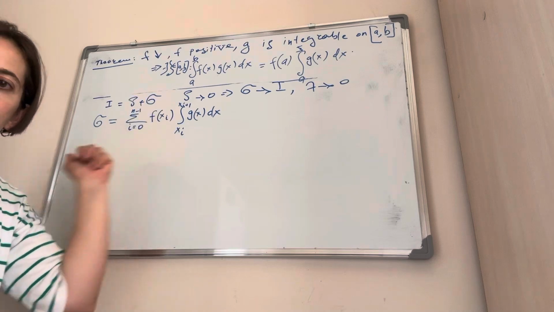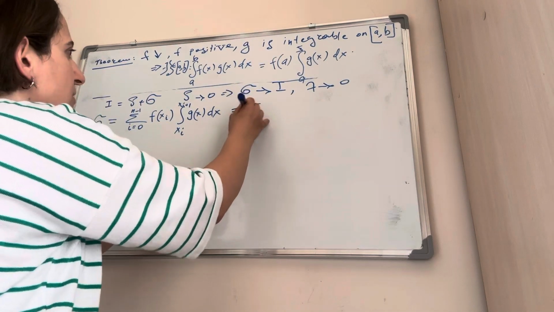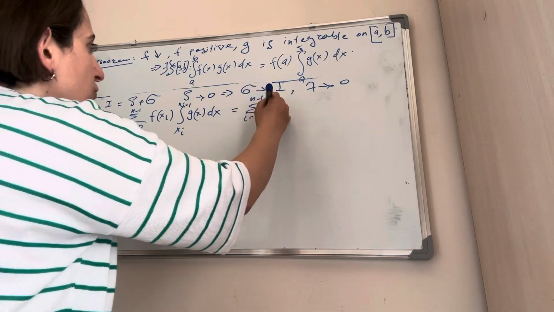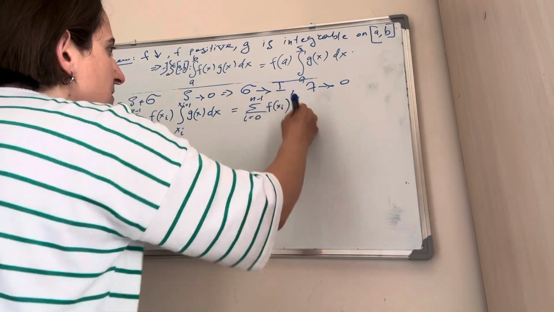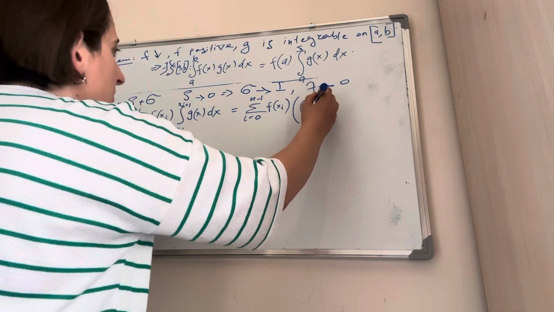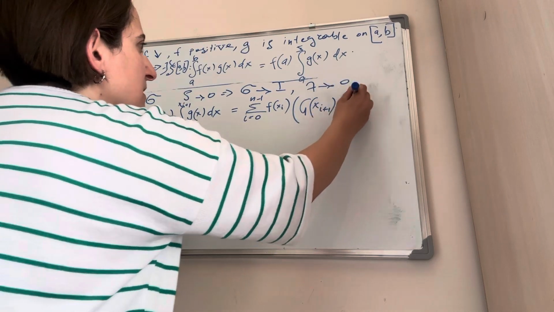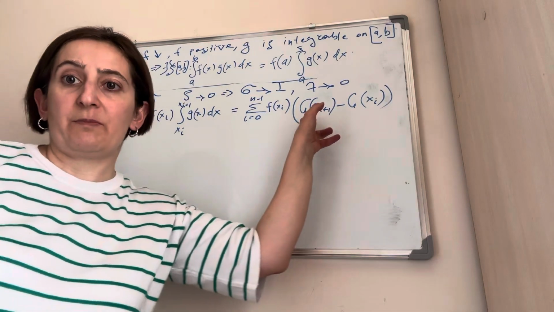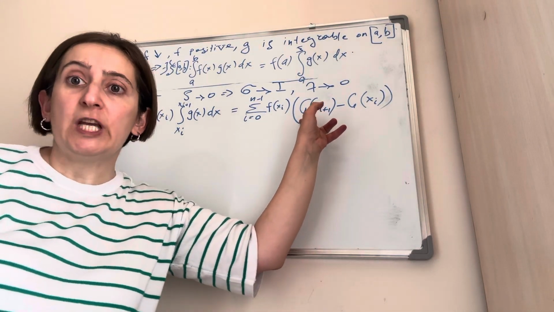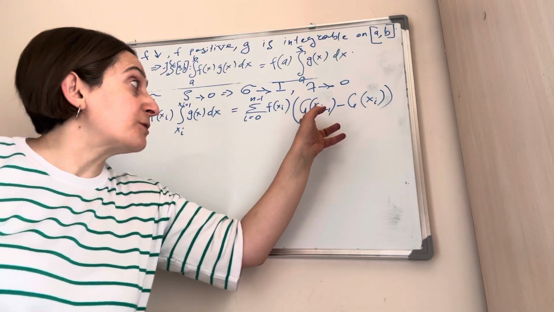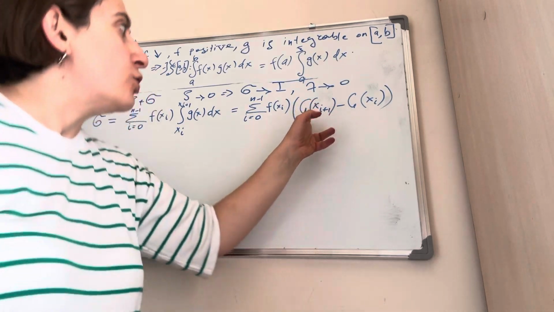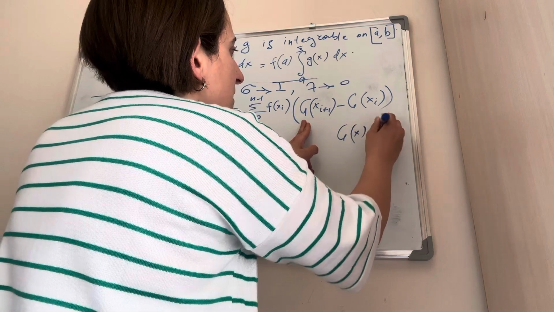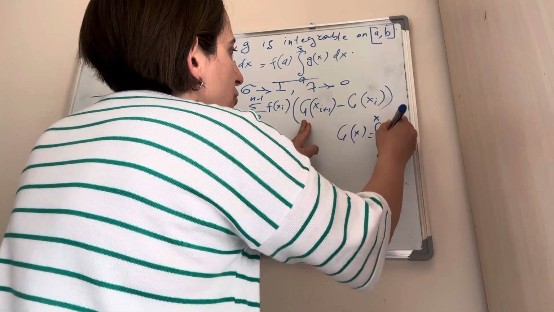This integral can be introduced as the sum, i changes from 0 to n minus 1, of f(xi) times capital G at xi plus 1 minus capital G at xi, where we have kept the notation for capital G from the first part of our discussion. As a reminder, capital G of x is the integral from a to x of g(t) dt.